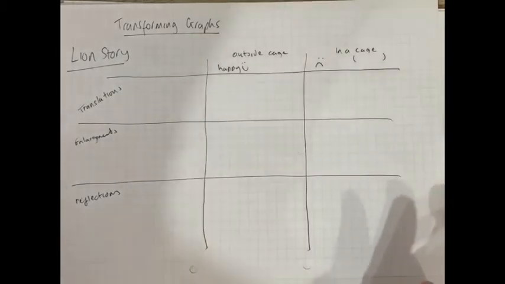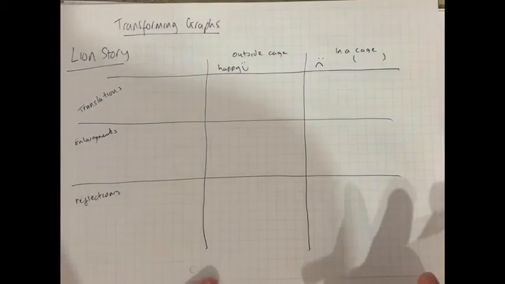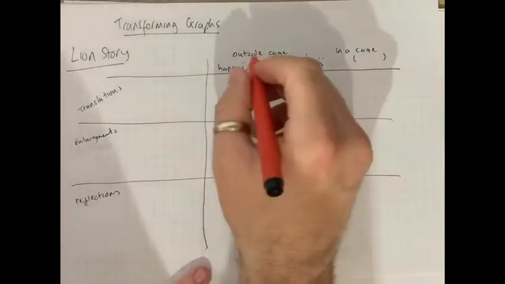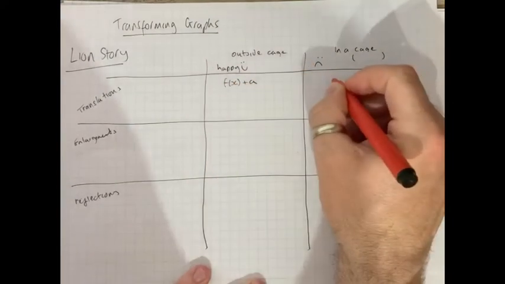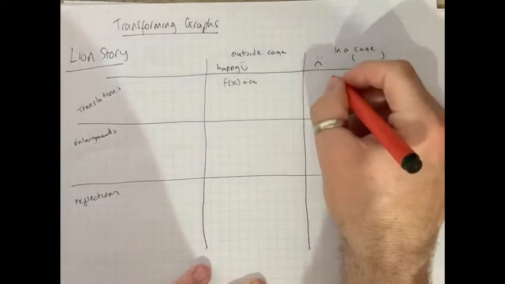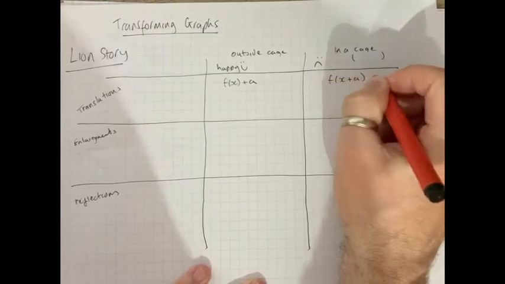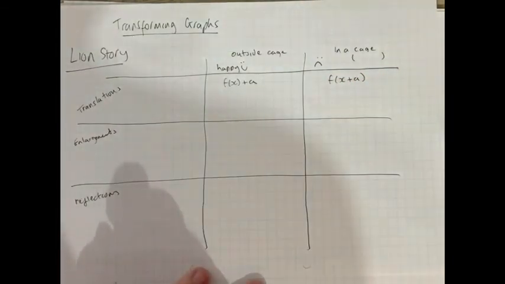So translations take the form of either f of x plus a, if you're outside the cage, outside the brackets, or f of x plus a if you're inside the brackets.